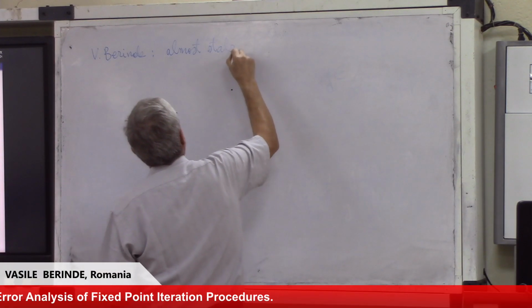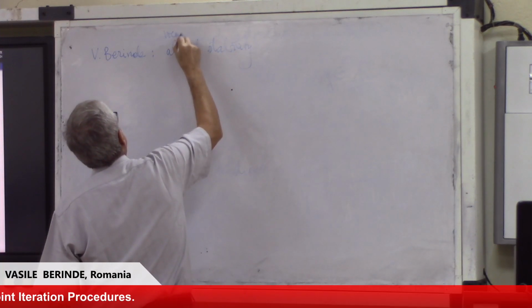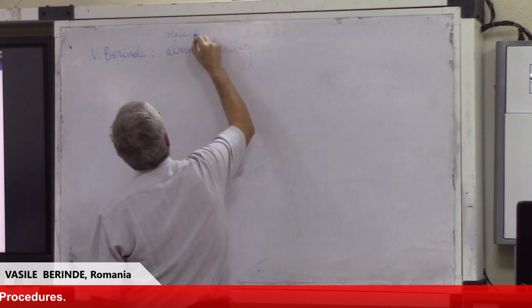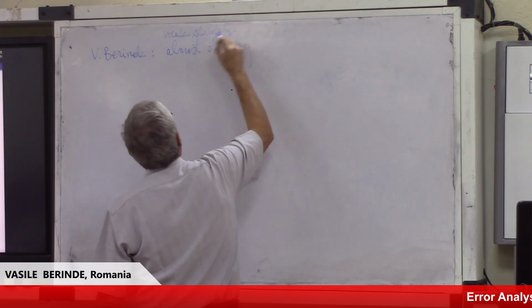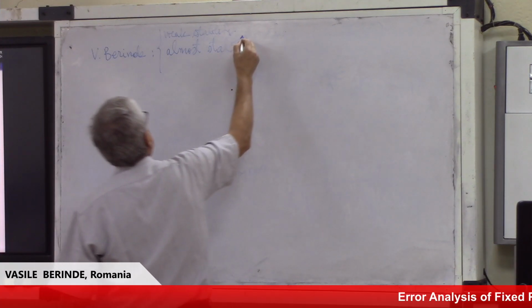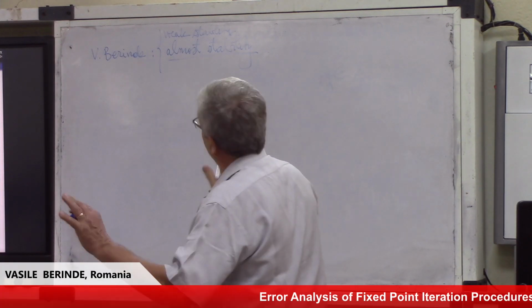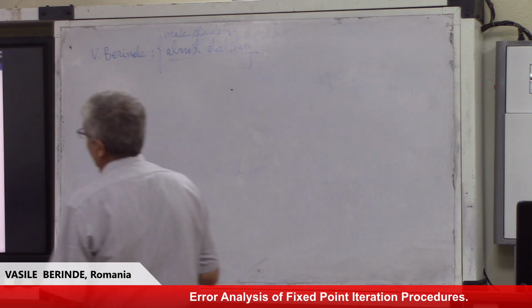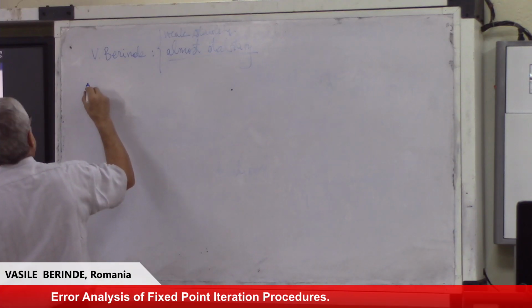There are some others, like the concept of weak stability, and I introduced this concept of almost stability. It is not related to almost contraction. And we have exactly the same definition as in Harder.